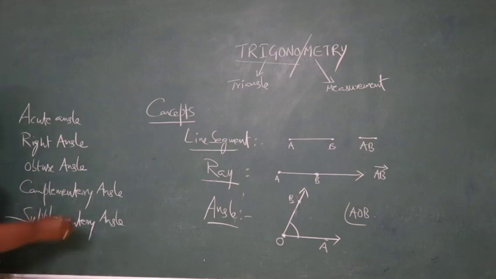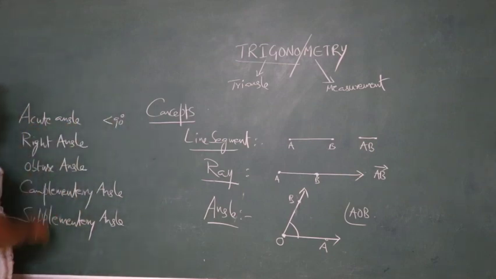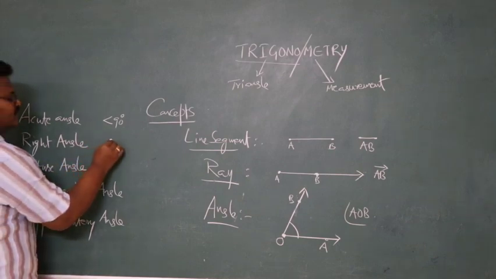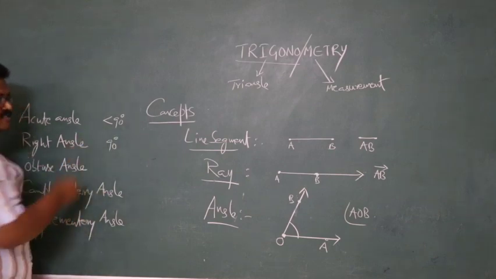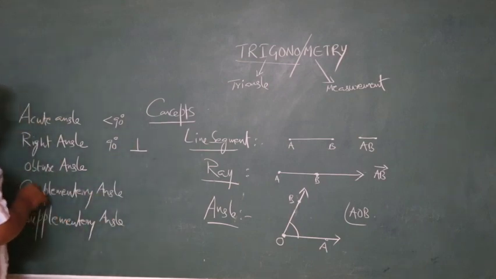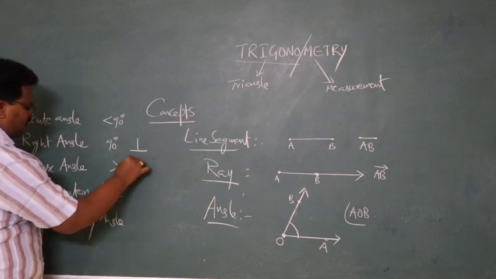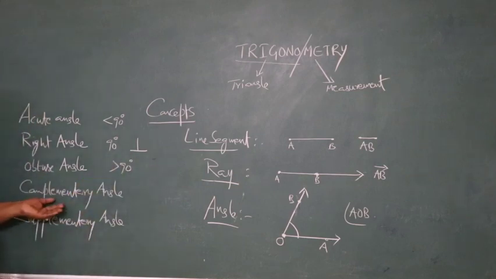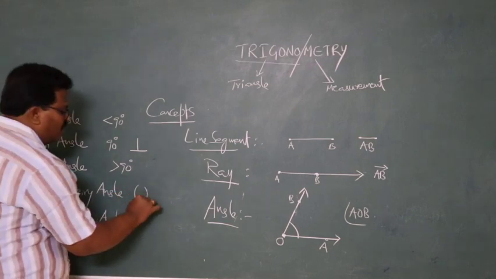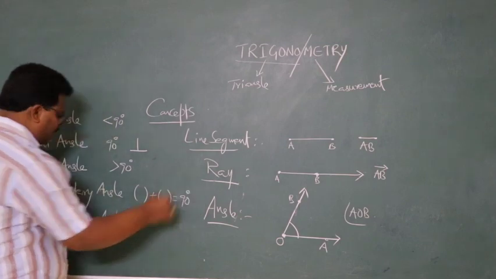Acute angle means an angle less than 90 degrees. Right angle means 90 degrees; the symbol for this is like this. Next, obtuse angle means greater than 90 degrees. Complementary angle means if the sum of the 2 angles is equal to 90 degrees.